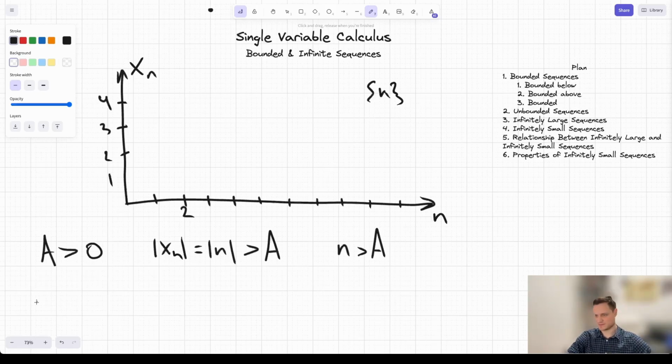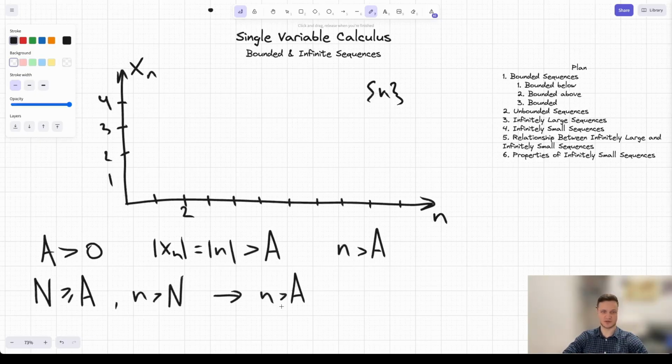If we take capital N more or equal than a, which is the positive value, then for all indexes after this capital N, the inequality above holds, because n is larger than capital N, and capital N is larger than a, so this means that n will be more than a. As a may be arbitrarily large, then, according to the definition we discussed, this sequence n will be infinitely large.